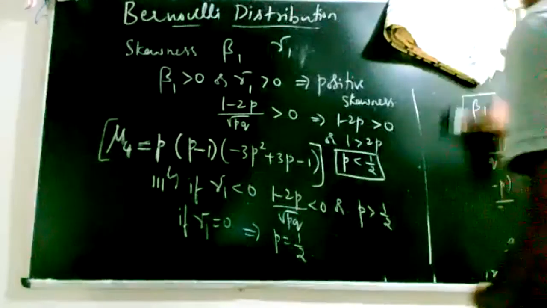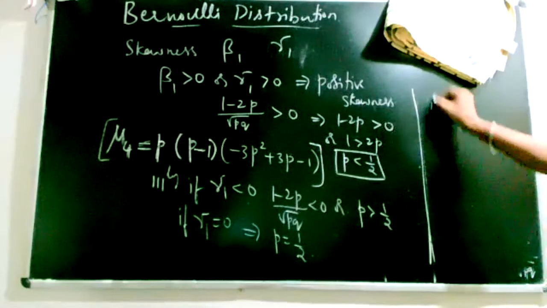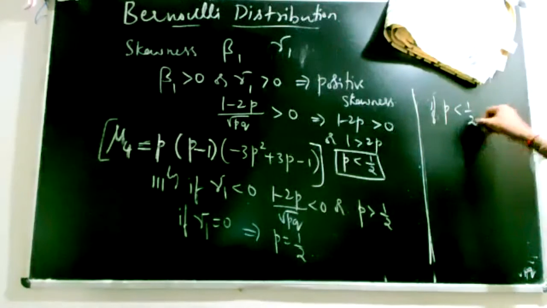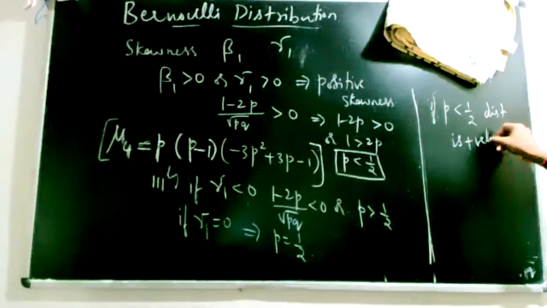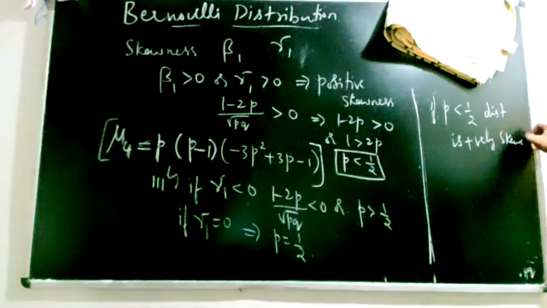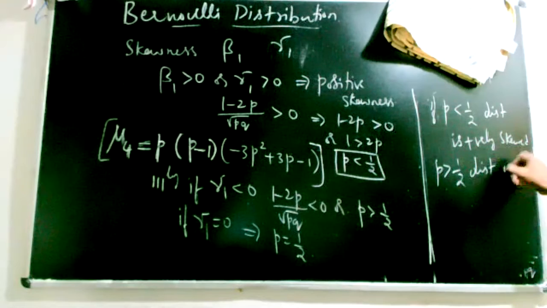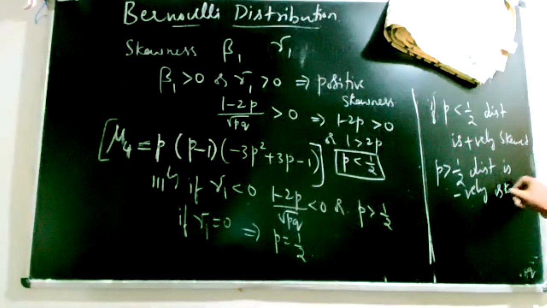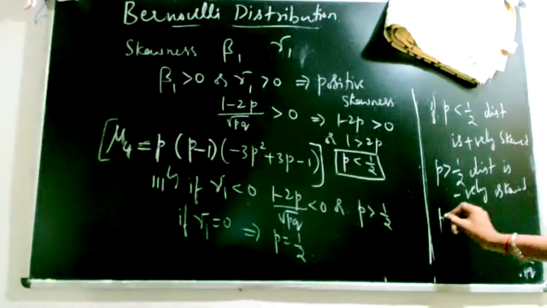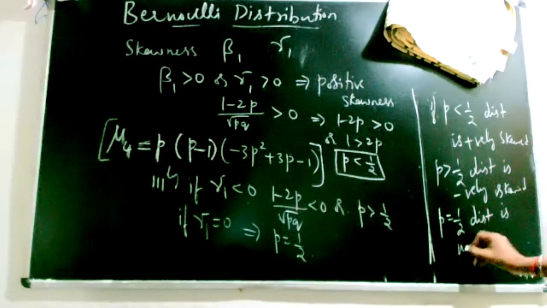Hence, if p is less than half, the distribution is positively skewed. If p is greater than half, the distribution is negatively skewed, and if p is equal to half, the distribution is symmetric, with no skewness.